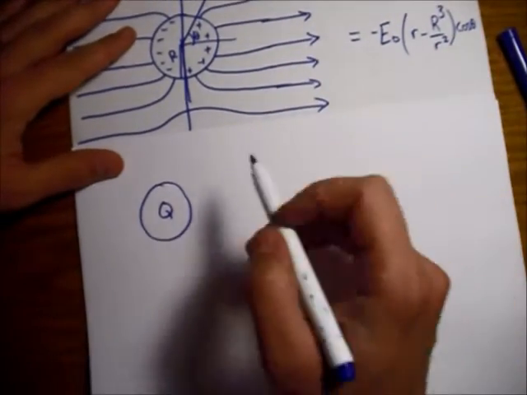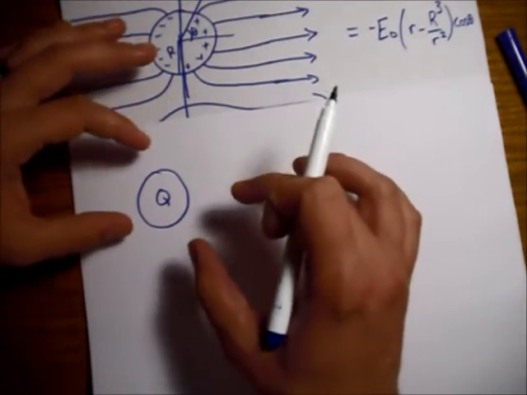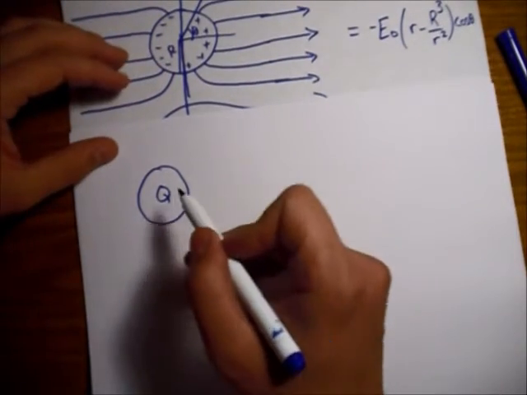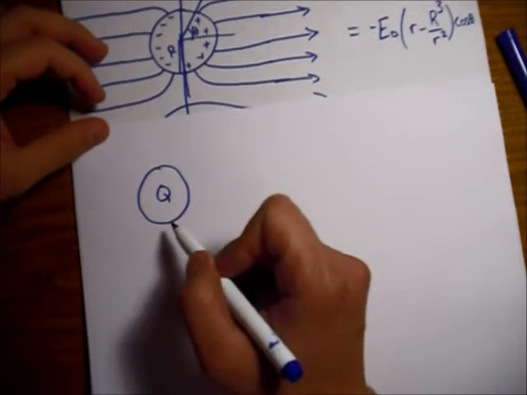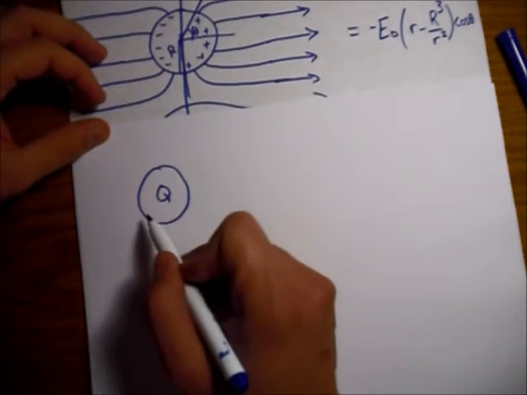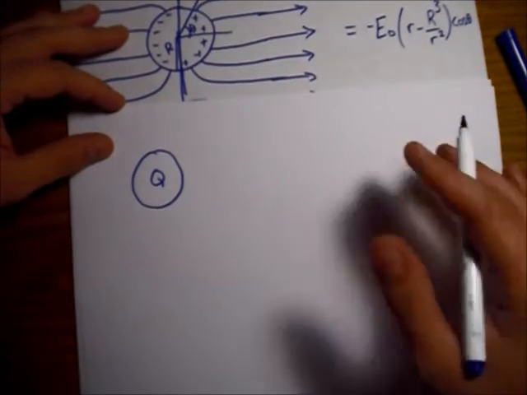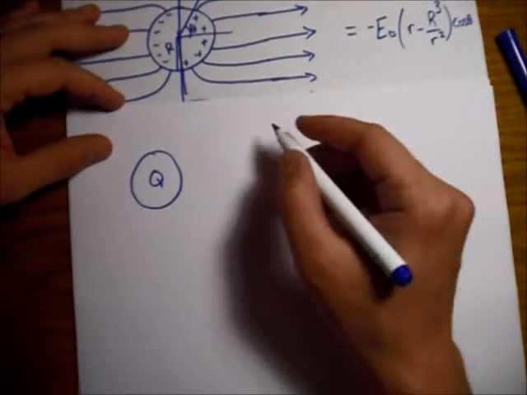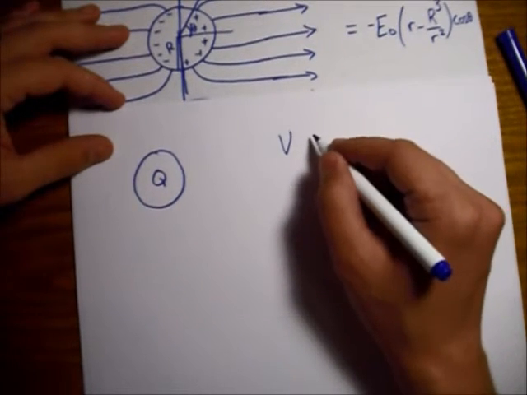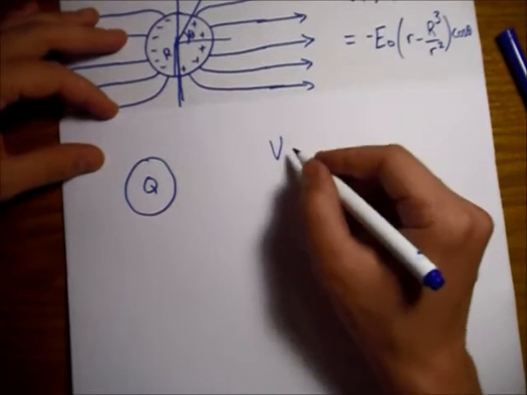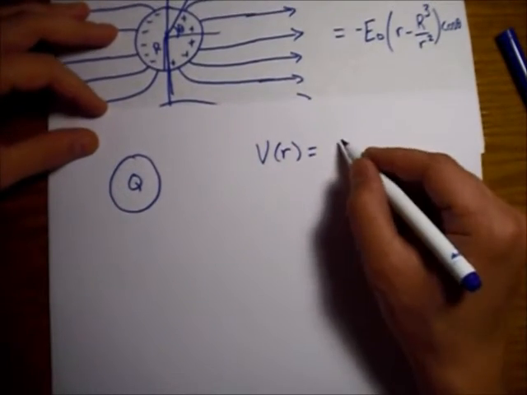All right, so the potential out here for a charged sphere due to symmetry will look as if there is just a point charge of charge big Q at the origin. You can get this by Gauss's law and symmetry. So the potential for this case does not depend on theta, it only depends on r, and it is just the potential for a point charge Q at the origin.